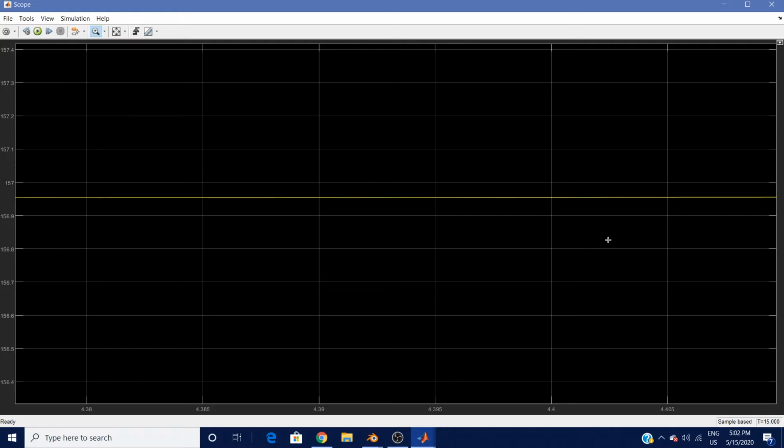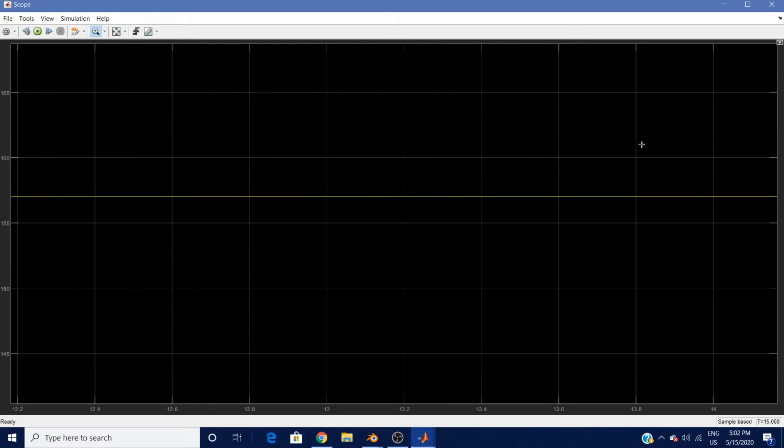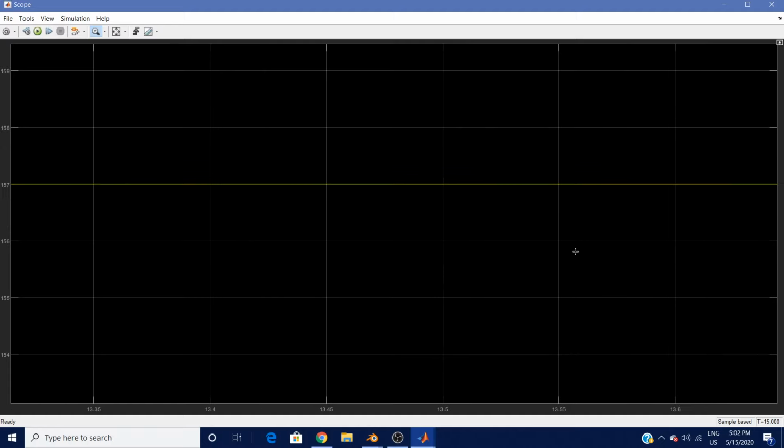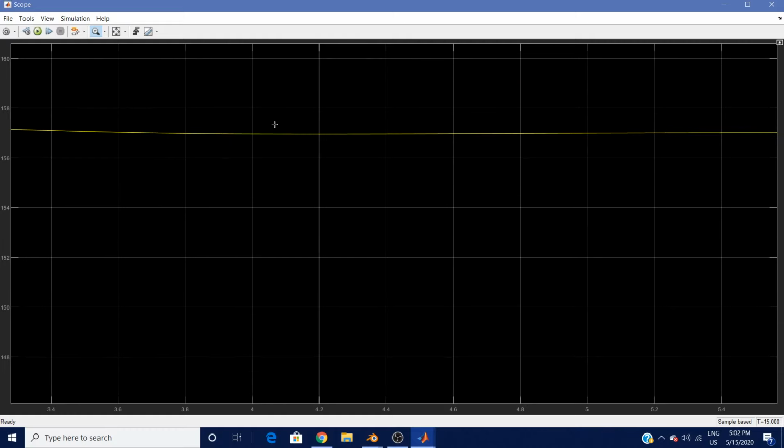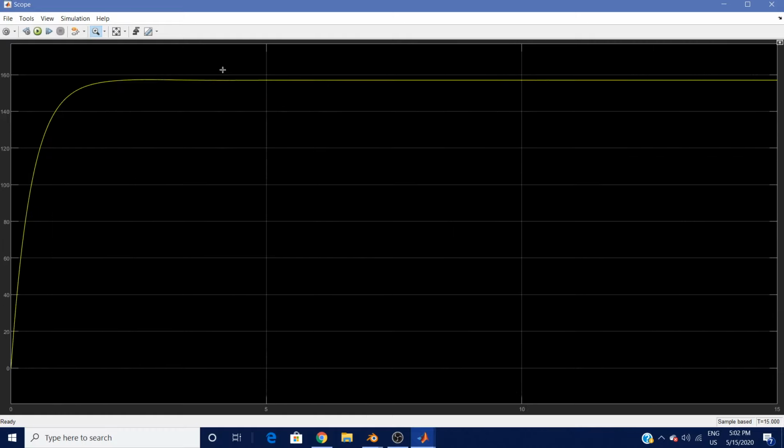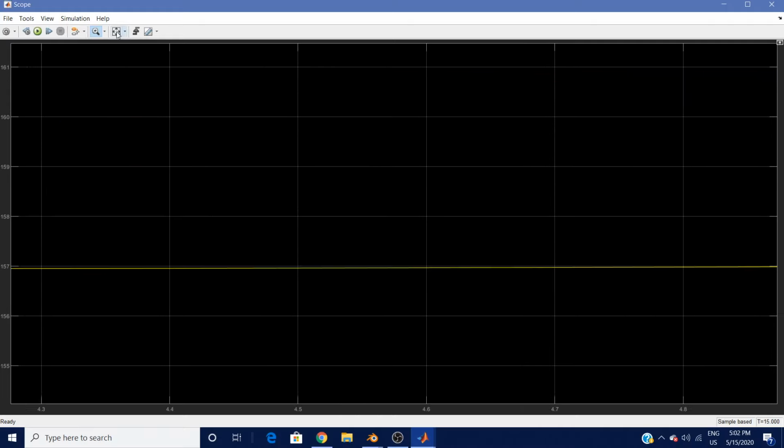It reaches 157 itself, and it reaches that much faster. You have to go into where it actually settles down, and we see that it is exactly 157, and it remains at 157 constantly with a PID, and there are very little oscillations. You can see there's a little bit of oscillations happening over here, but those oscillations do die out.